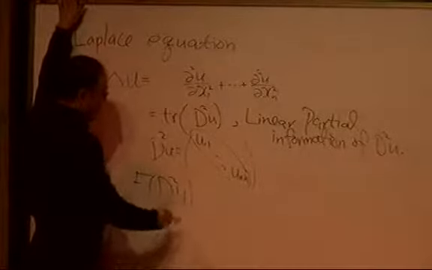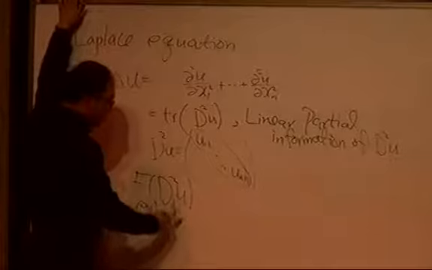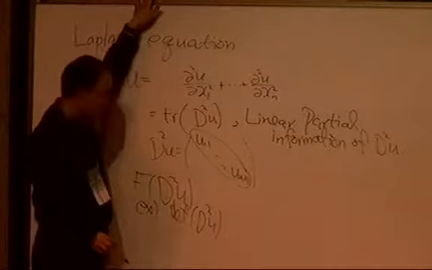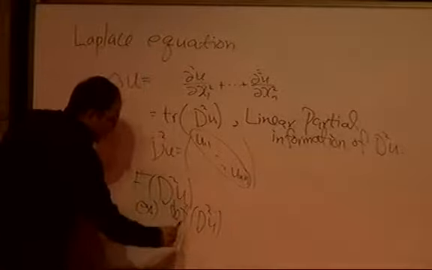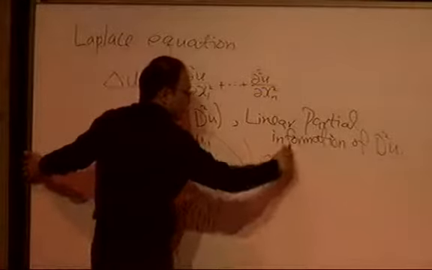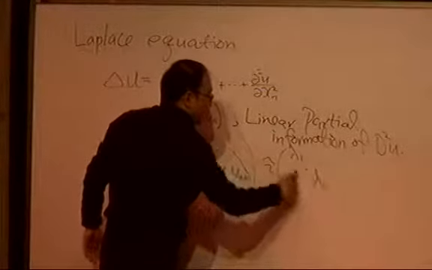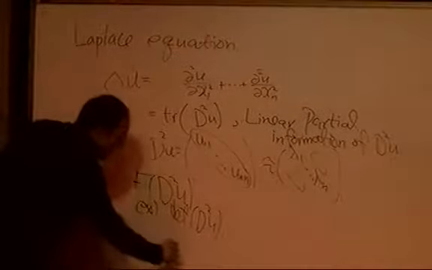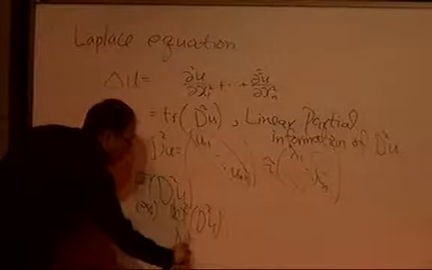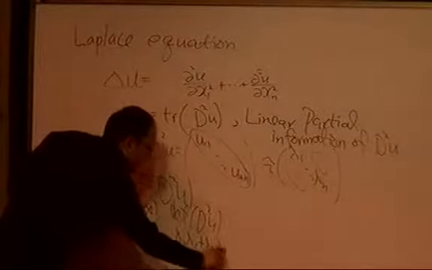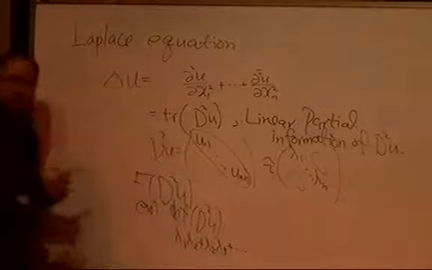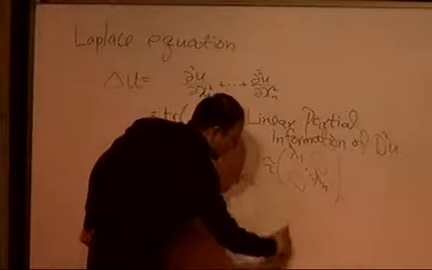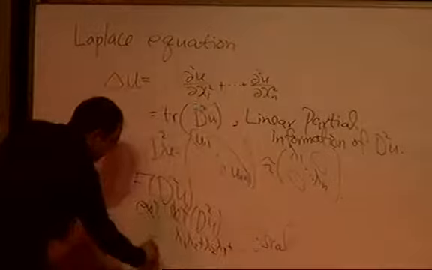For example, you may think of the determinant of the Hessian of u, and that is called the Monge-Ampère equation. Or, since it is a symmetric matrix, you can diagonalize it with eigenvalues lambda 1 to lambda n, and consider multiples of these numbers. If you multiply 2 different eigenvalues, and we call it sigma 2.